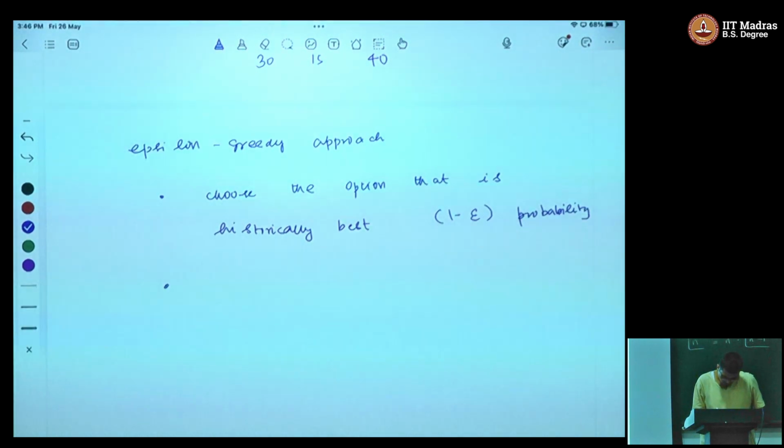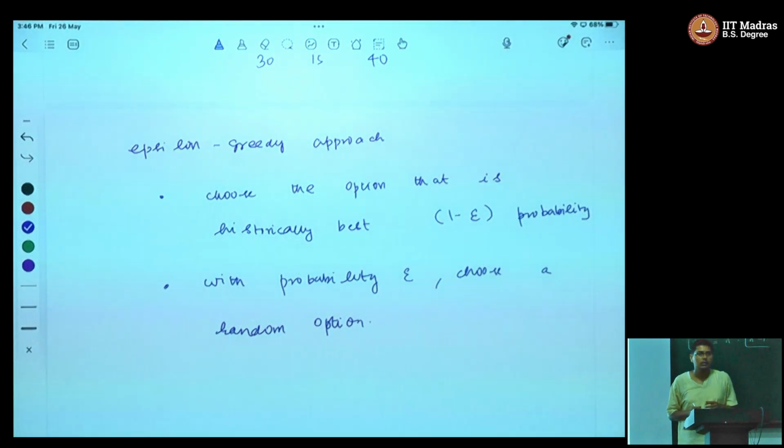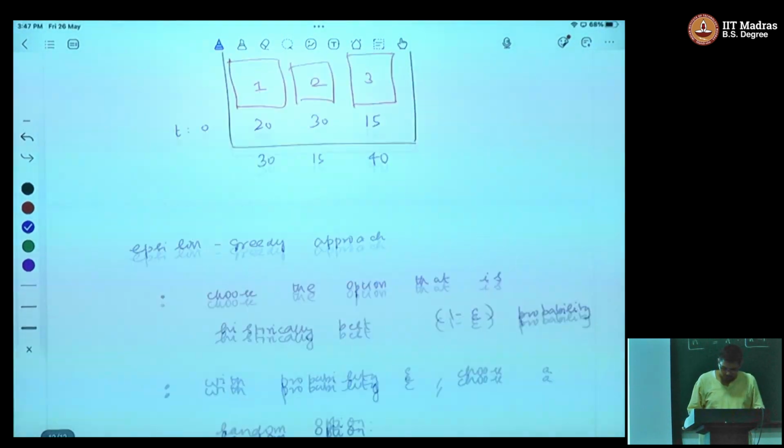But with probability epsilon, I choose a random option.